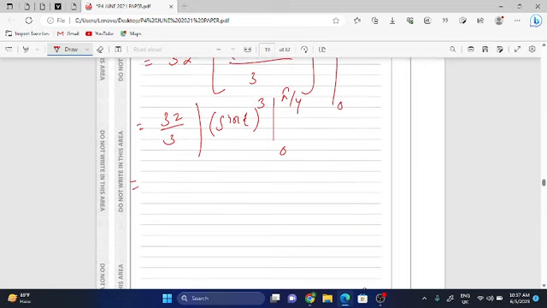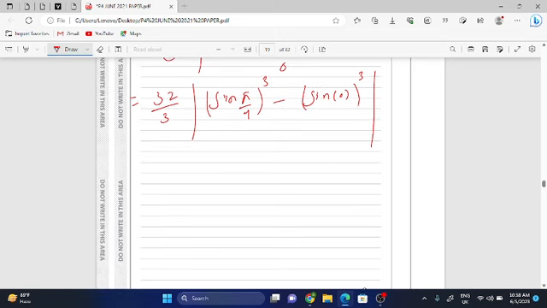So I will plug the limits back in over here: 32 by 3 times sine of pi by 4 whole cube minus sine of 0 whole cube. That gives me 32 by 3 sine pi by 4.